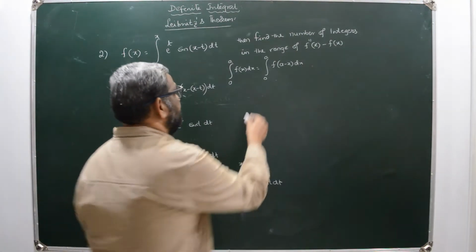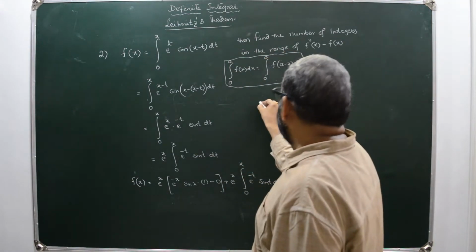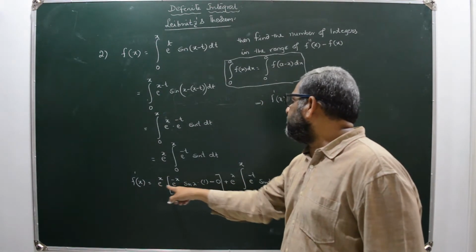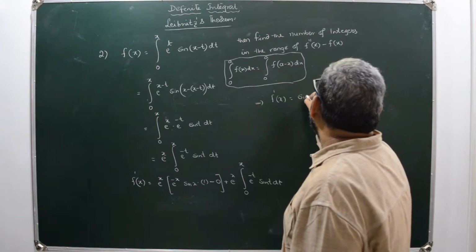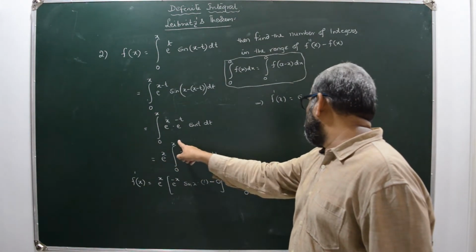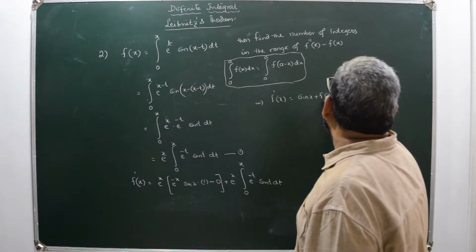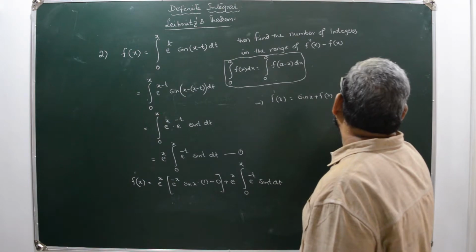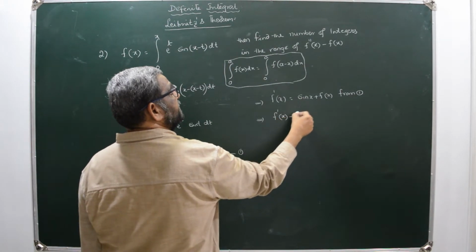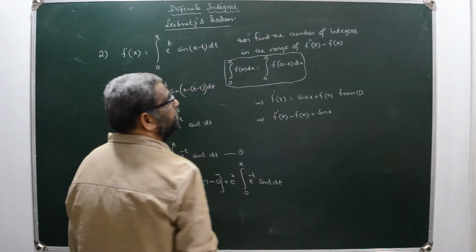Now f'(x) is equal to e^x and e^(minus x) get cancelled. This is sin x. Of course, this is 0. This is e^x into integral 0 to x e^(minus t) sin t dt, which is f(x), plus f(x) from 1. It implies f'(x) minus f(x) is equal to sin x.